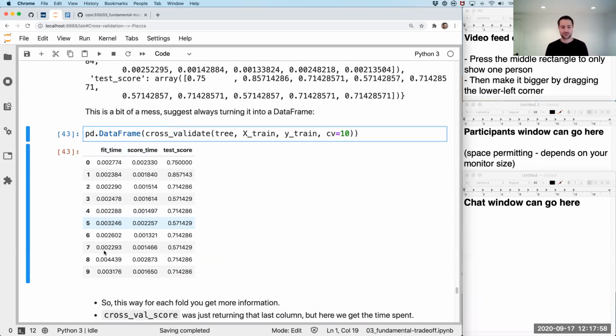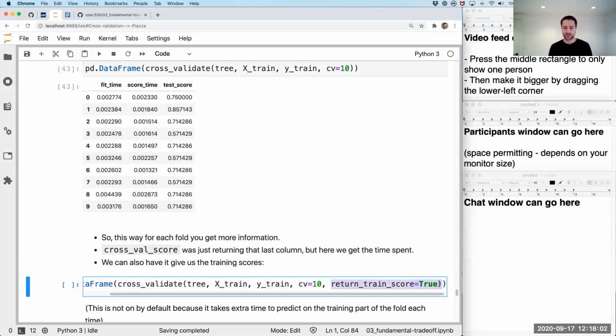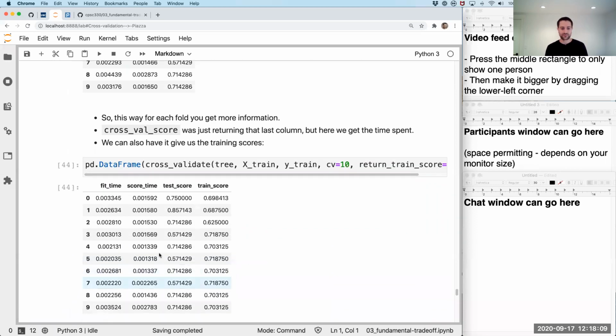But what is of interest is that you can also ask it to return the training score. If you set return train score to true, then you get this extra column. Unfortunately, scikit-learn calls this test score, but it should really be called cross-validation score. Kind of frustratingly, they called it test score.